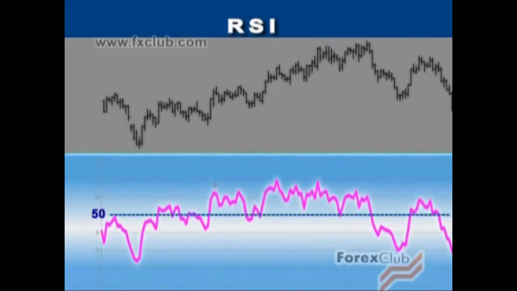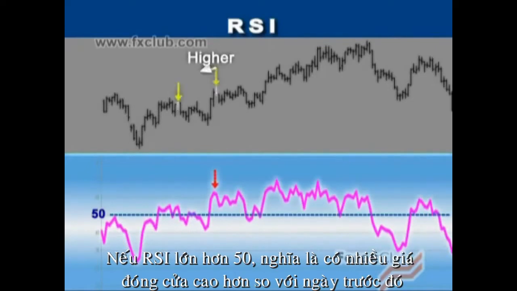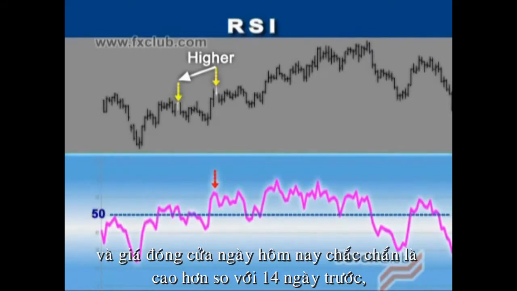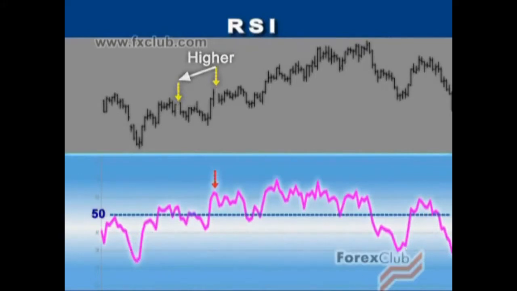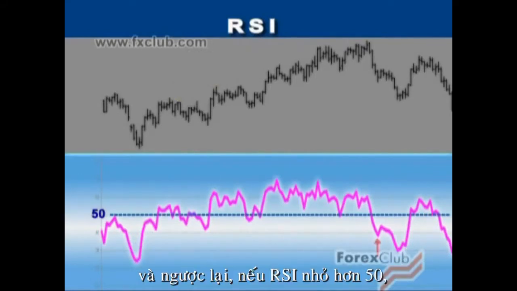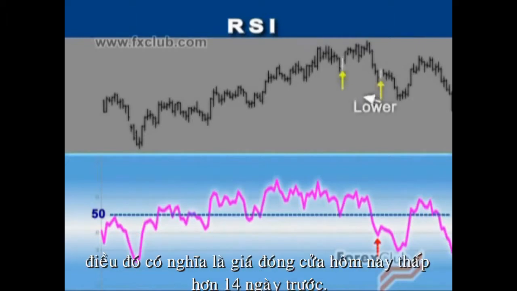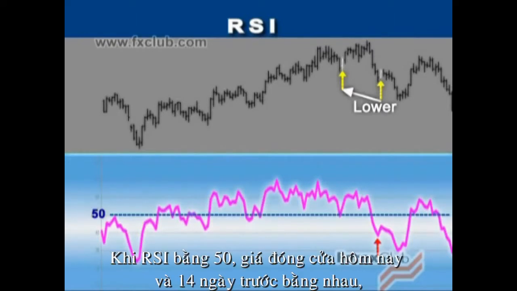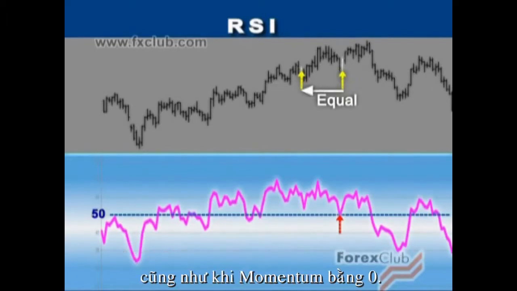If RSI is greater than 50, there are more positive closing price changes than negative, and today's closing price is definitely higher than the closing price 14 days ago. Vice versa, if RSI is less than 50, it means that today's closing price is less than 14 days ago. When RSI equals 50, today's closing price equals the closing price of 14 days ago, just like momentum at 0.